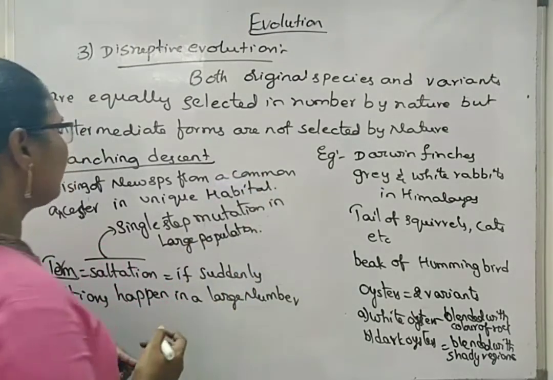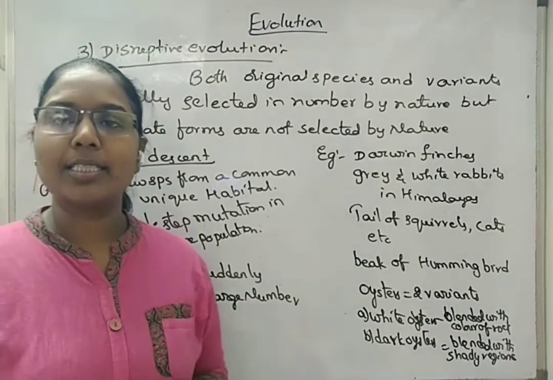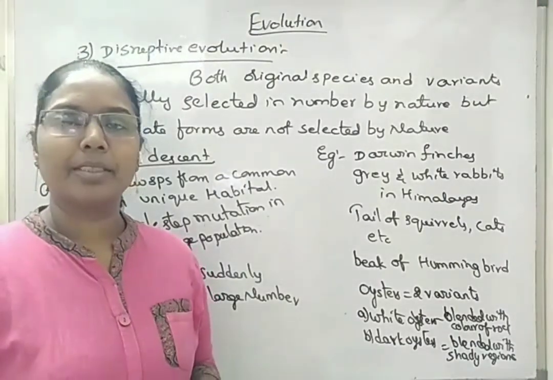So such a process is called branching descent.